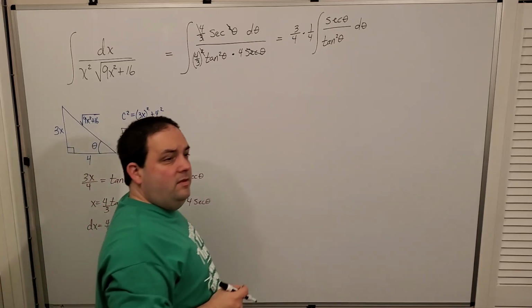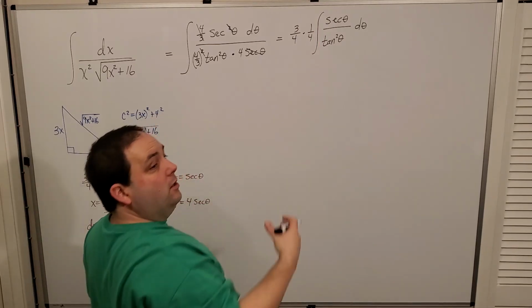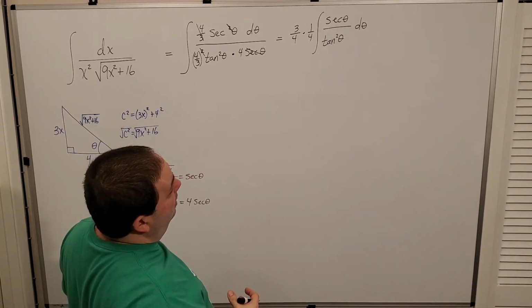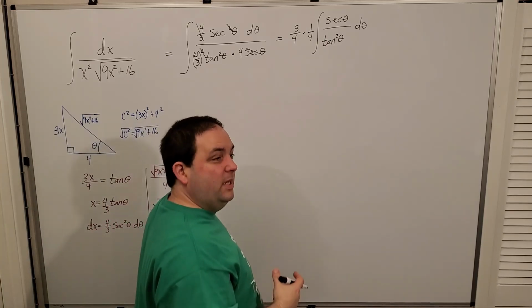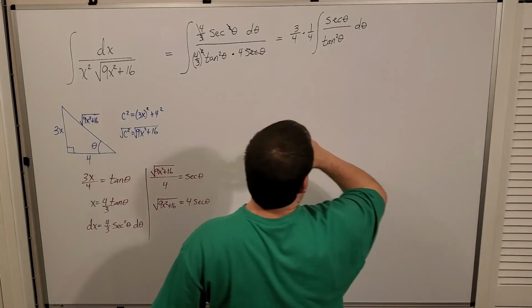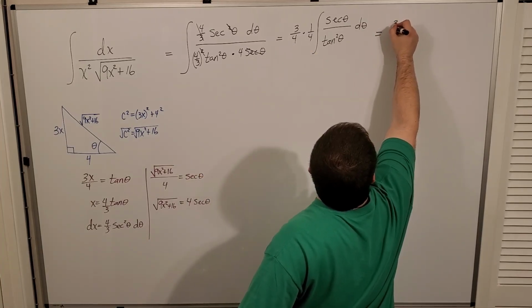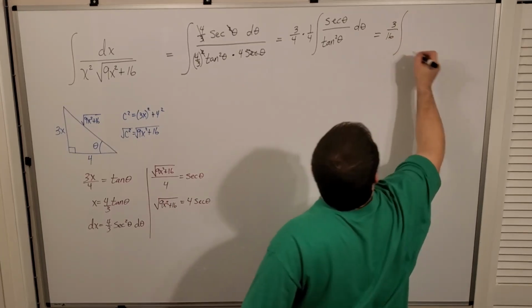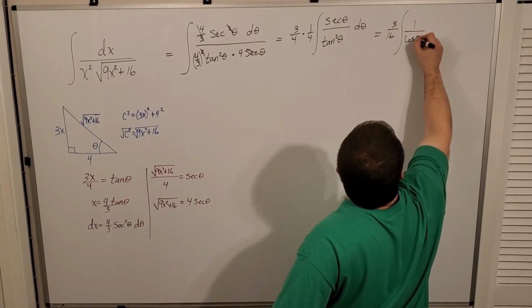Okay, not always an obvious connection, although secant and tangent do go very well together. I can still simplify it a little bit more and make it a little bit nicer. Okay, so here we go. I'm going to have 3/16 integral. Secant is 1 over cosine theta here.